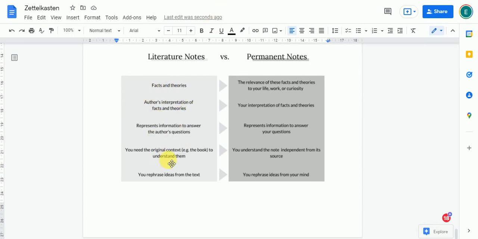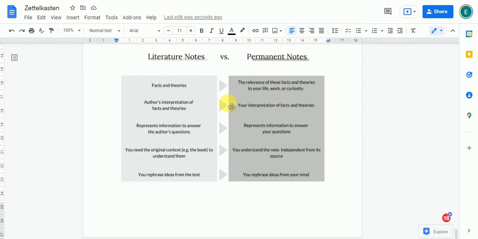All the literature notes are things that are not your own but were created and developed by a third party and not you. Permanent notes are everything that is relevant to you, and everything that is relevant to you is your own Zettelkasten. So permanent notes are the basic essence of your own Zettelkasten.